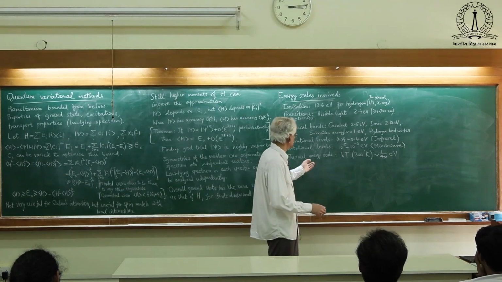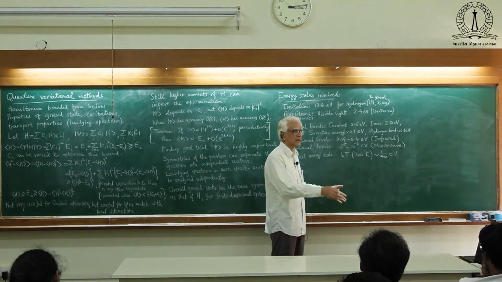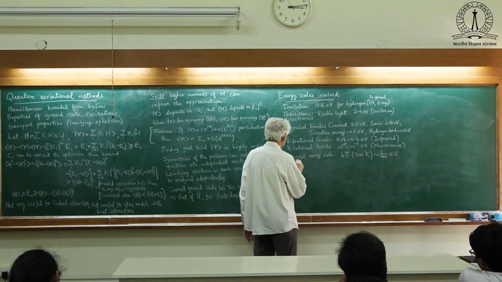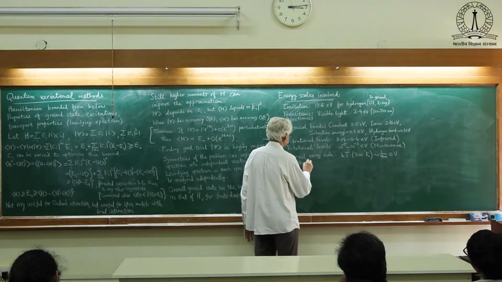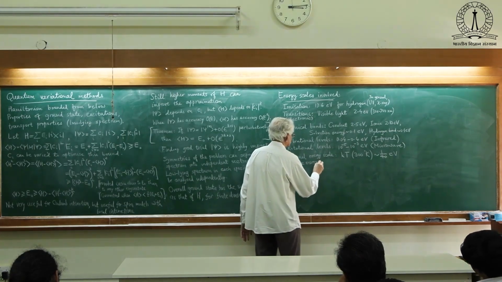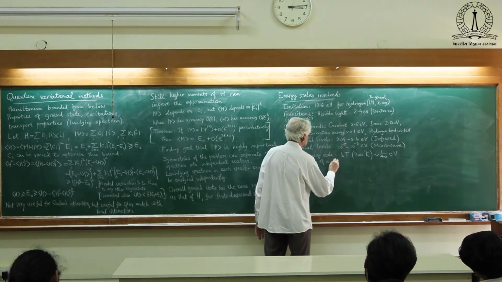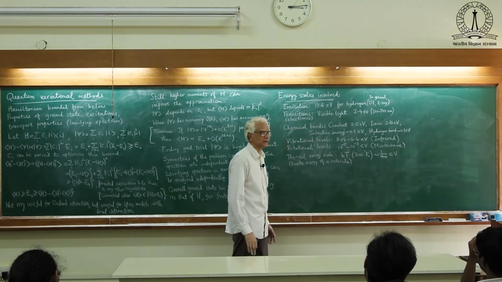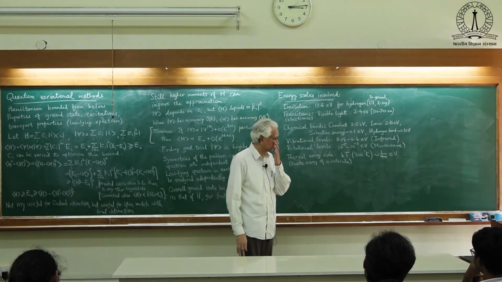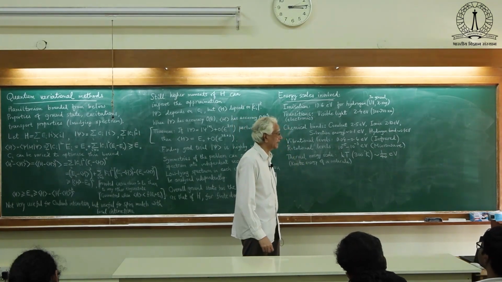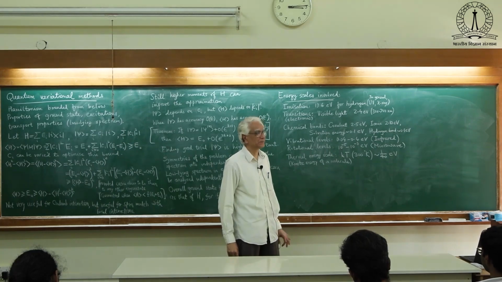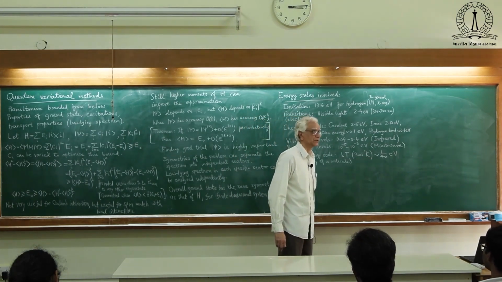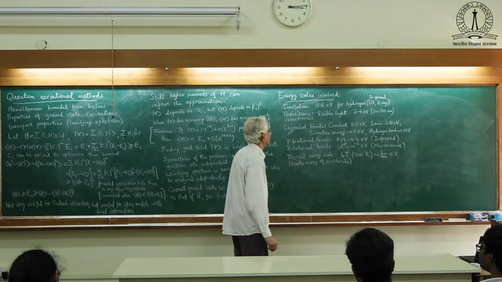And that means this is the scale of, for example, the kinetic energy of a molecule. It's of the order of kT. That's what the ideal gas theory will tell you. And those kinds of fluctuations are present.